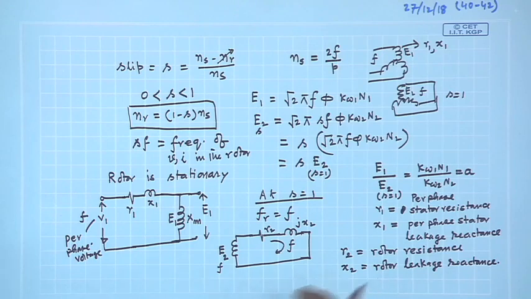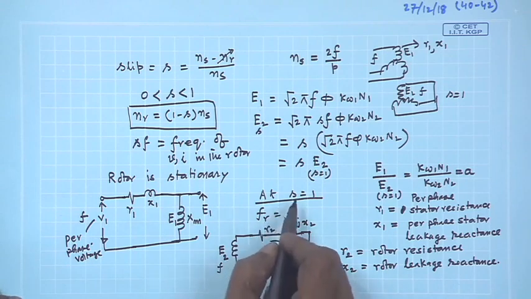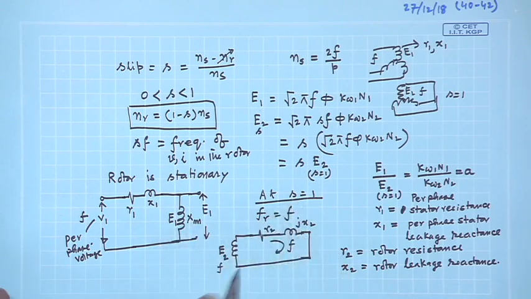Now, this reactance should be further qualified. Why? Because this is at S equal to 1, this is fine. Any reactance is 2 pi f into L, that is omega into L, where omega is 2 pi f.